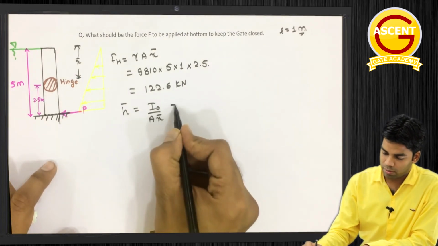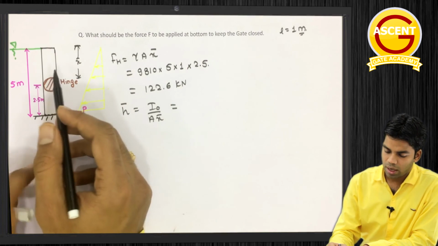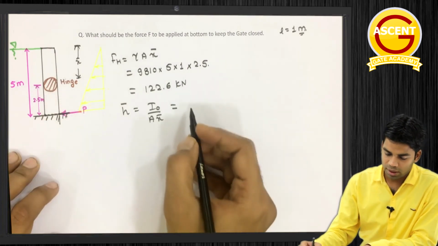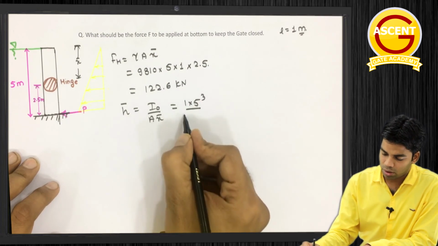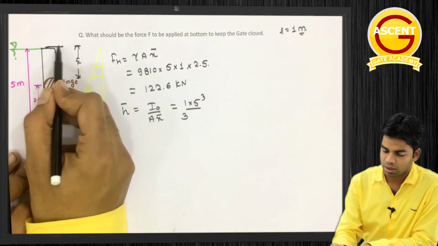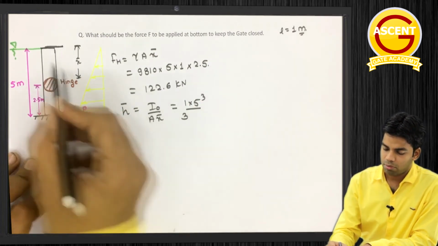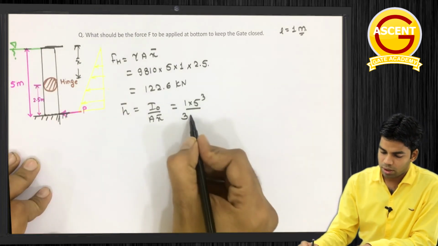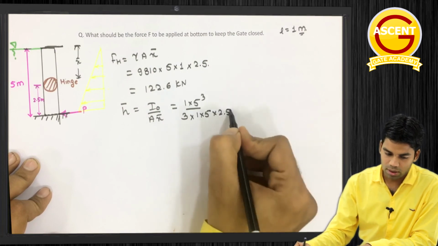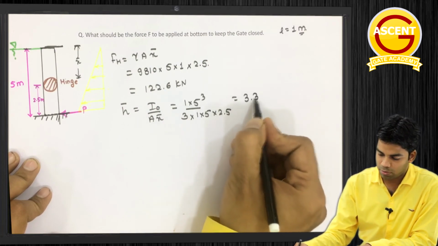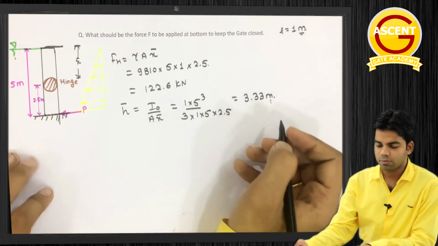If I determine this by I naught by A into x bar, I naught is BD cube by 12, that means 1 into 5 cube by 3, sorry, not 12, because we have to determine with reference to this surface, moment of inertia about the surface. Into area is 1 into 5 into x bar is 2.5, so this h bar will be 3.33 meter. Getting this or not?